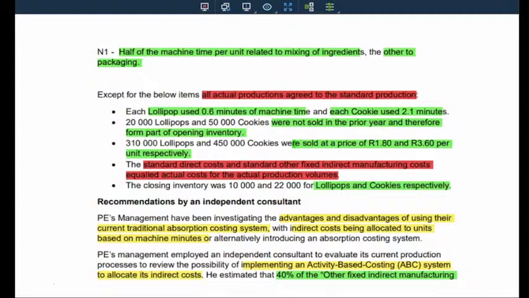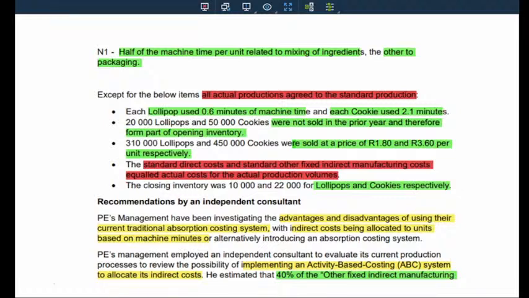Okay. Then they tell you that PE's management employed an independent consultant to evaluate its current production process to review the possibility of implementing an activity-based costing system to allocate its indirect costs. What do we know about activity-based costing? What do we actually need for activity-based costing? I need indirect costs because that's how we allocate them.